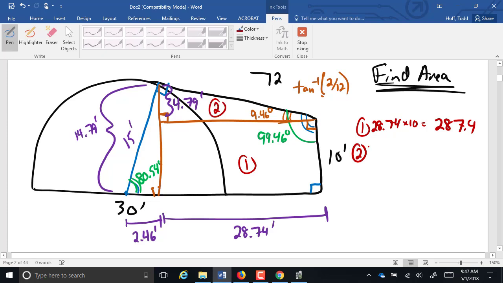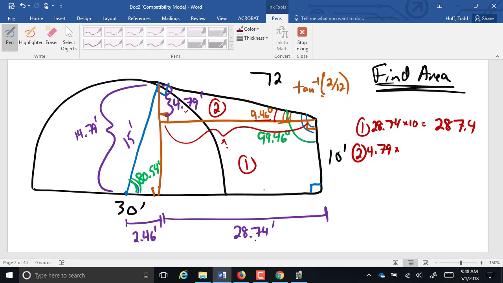We have this triangle. The tangent of the 9.46 equals 4.79 over, call that x or whatever. Yeah, that would work too. Subtracting 10 from the 14.79.